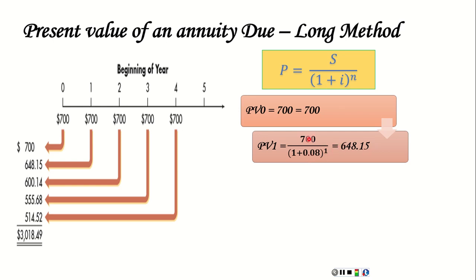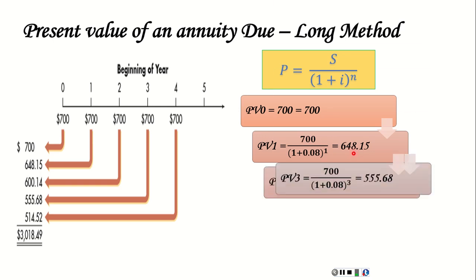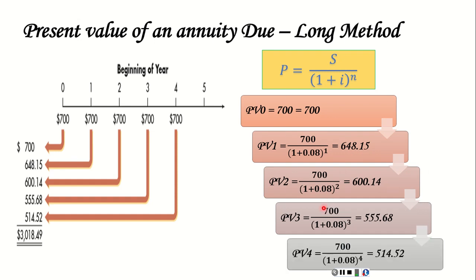So the second amount expected to be received from Mr. Ahmed at the end of year 1, which is due at the beginning of year 2, is worth 648, and so on to reach the present value of the last amount, which is due at the beginning of year 5, which is received at the end of year 4, which is 700.